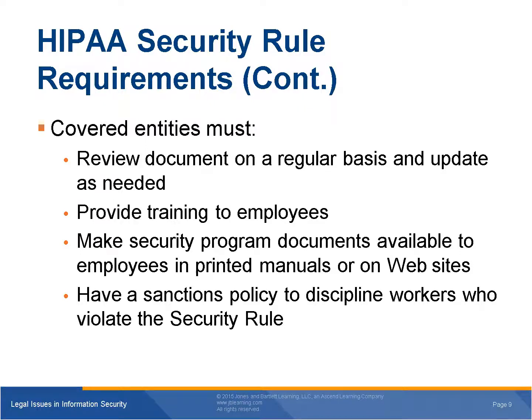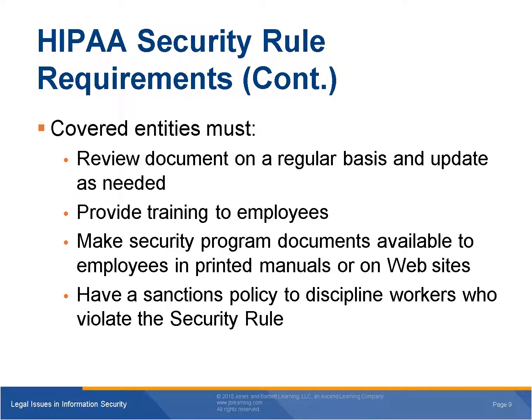A breach is any impermissible use or disclosure of unsecured protected health information that compromises the security or privacy of the information. Any unauthorized use or disclosure is presumed to be a breach under the law. In some cases, a covered entity must be able to show that there is a low probability that the protected health information was compromised.